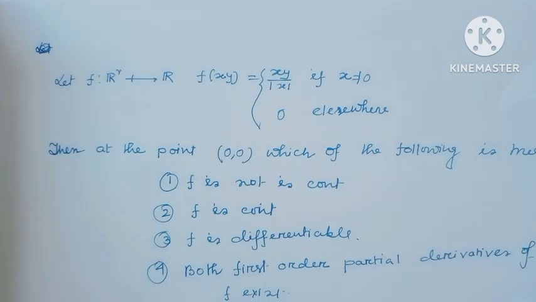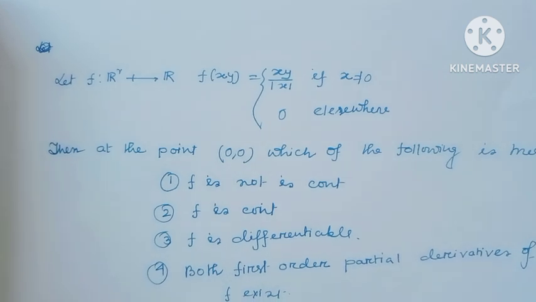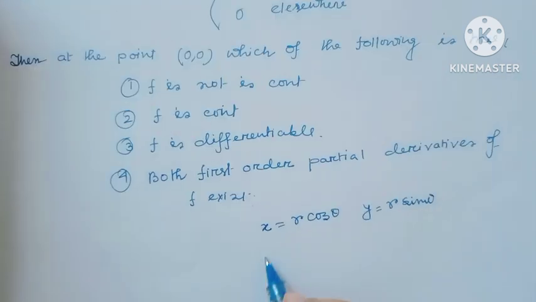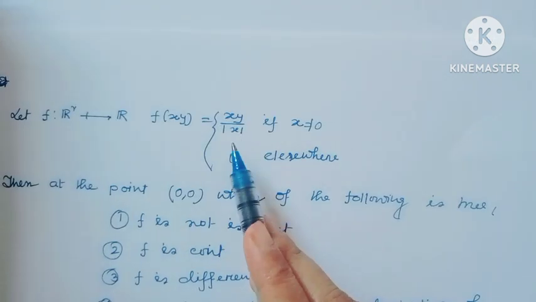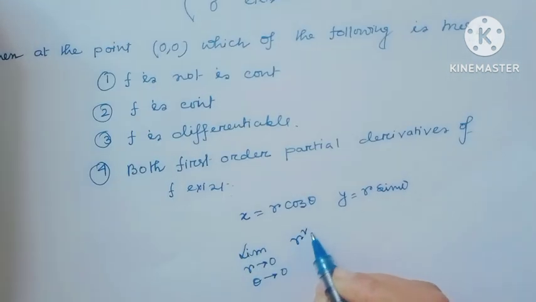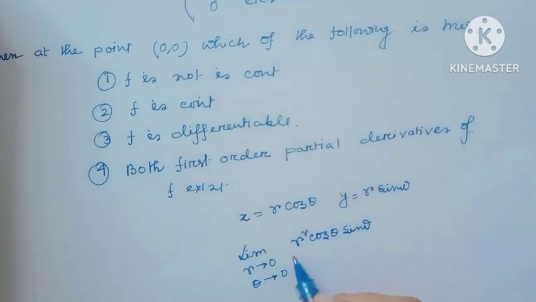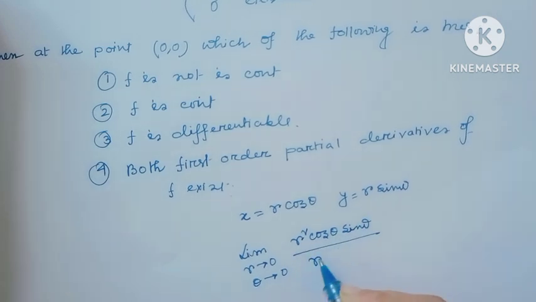For this, consider x equal to r cos theta, y equal to r sin theta. Then the limit as r tends to 0 and theta tends to 0, this value would be, just put here, r squared cos theta sin theta divided by r cos theta.